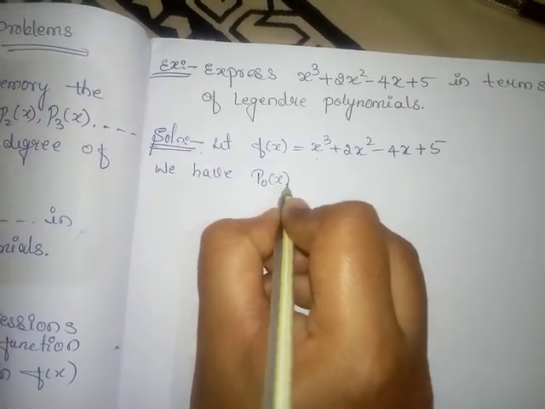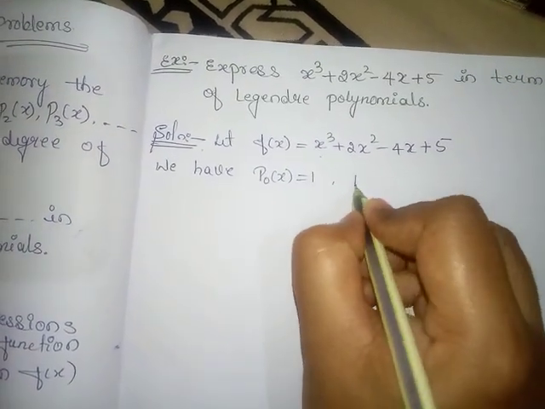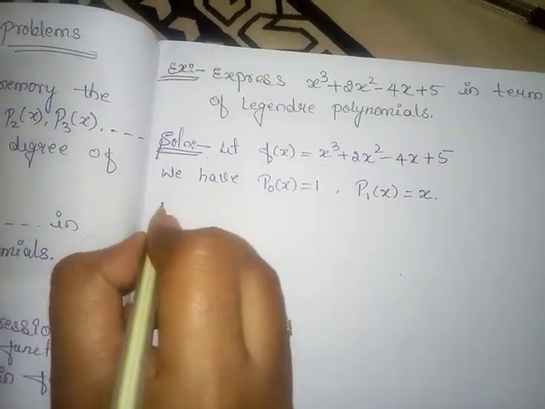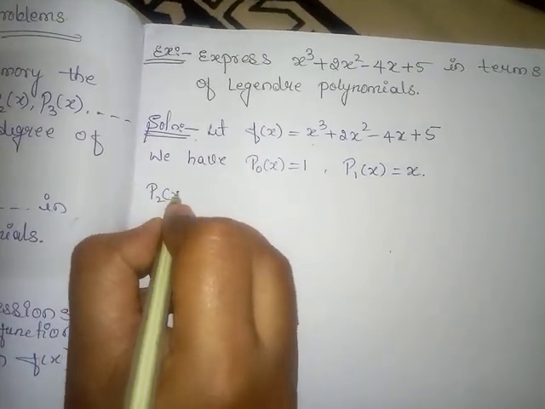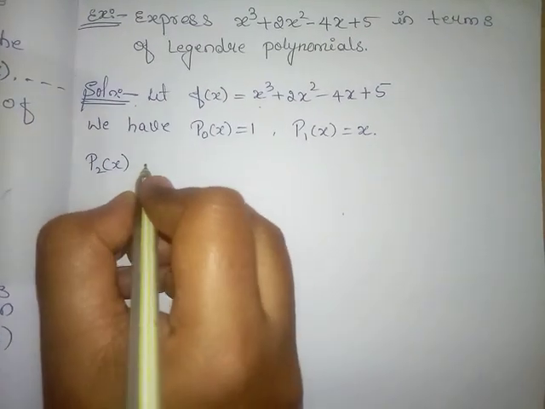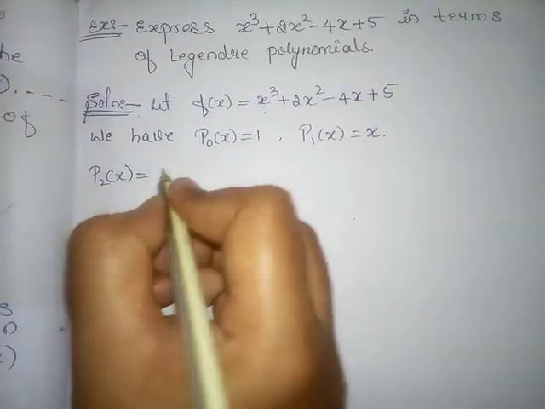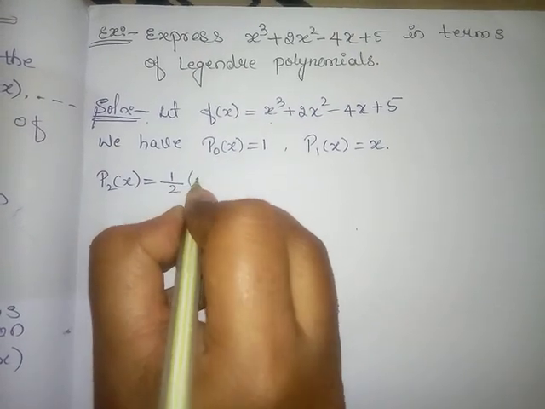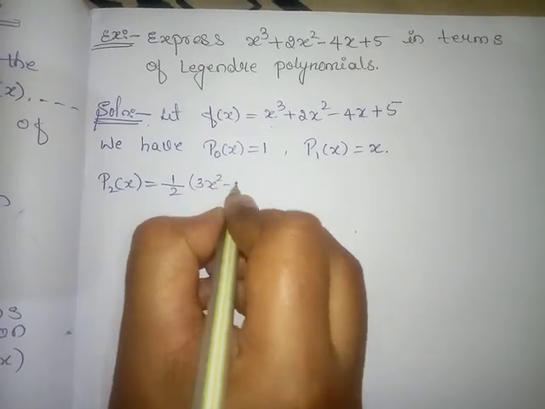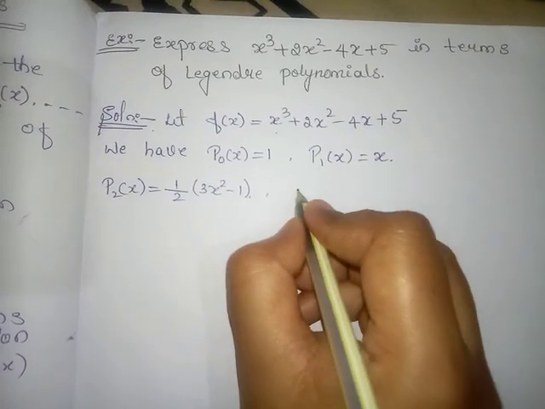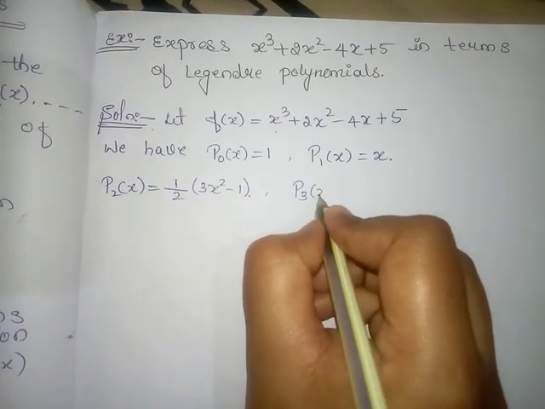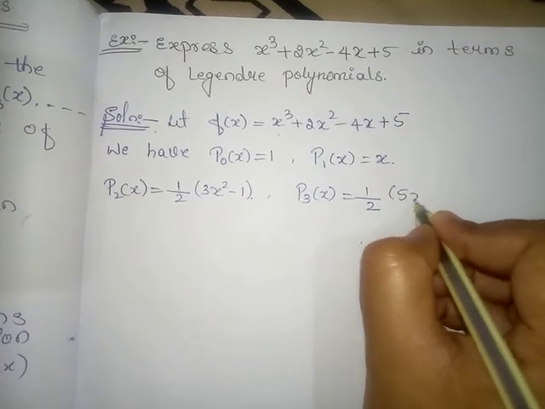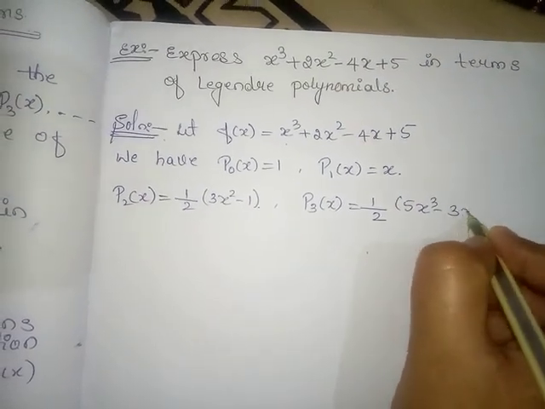We have P0 of x is equal to 1, P1 of x is equal to x, P2 of x is equal to 1 by 2 into 3x square minus 1, and P3 of x is equal to half into 5x cube minus 3x.